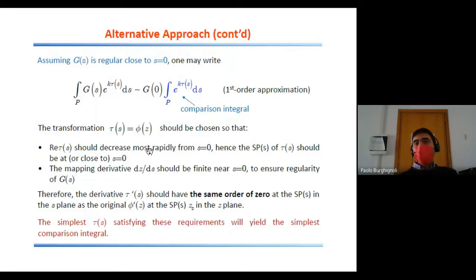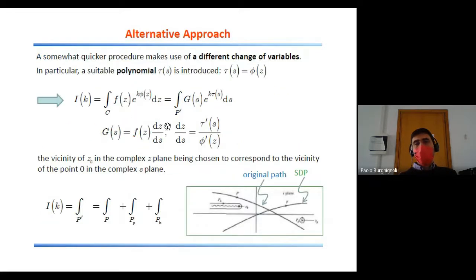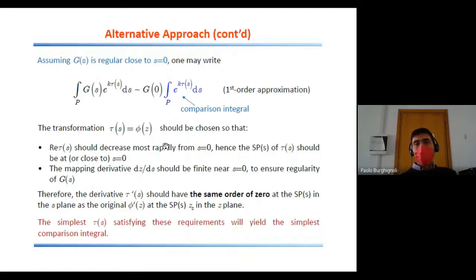And furthermore, the derivative of the mapping should be finite near the origin. That is because we are assuming that the function g is regular in the vicinity of the origin. And I remind you that the function g, by definition, contains the mapping derivative dz over ds. So this must be regular.